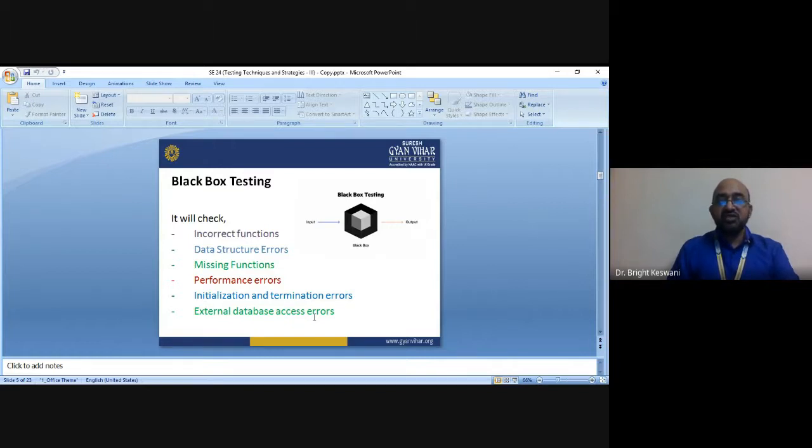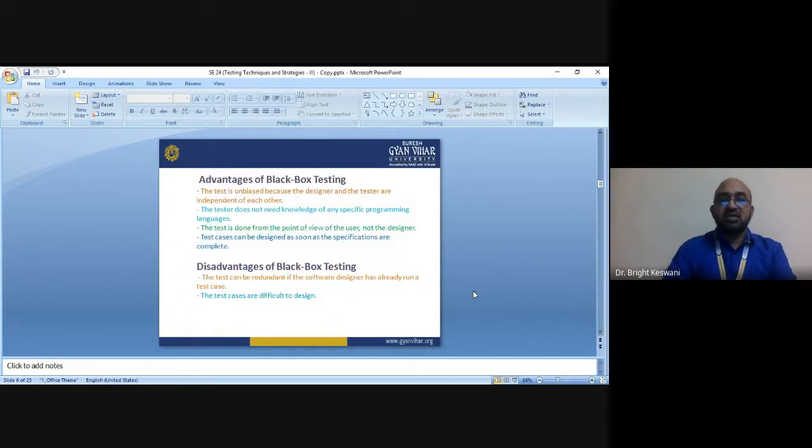The functionality of each module is tested with regard to its specifications, meaning its requirements, and its context. Context means events. Okay, so this is a very important testing method, and there are some advantages and disadvantages of this type of testing. The advantage of this method is that the test is unbiased because the designer and the tester are independent of each other.